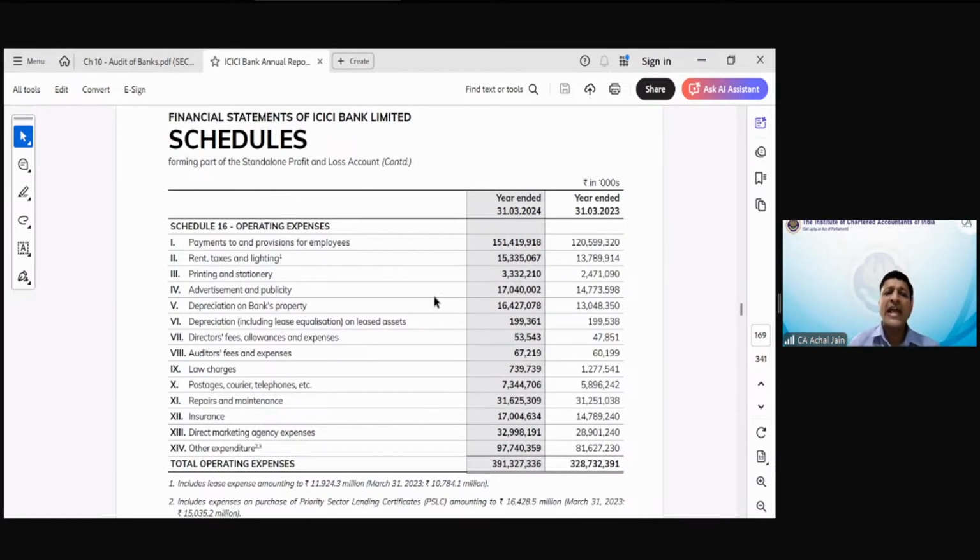For repair and maintenance, the auditor's consideration should be that nothing related to the capex nature should go to repair, and of course, on a sample basis, this needs to be tested. Insurance: nothing in the nature of prepaid insurance should have been taken to P&L. So these are some of the considerations which the auditor needs to have in place.